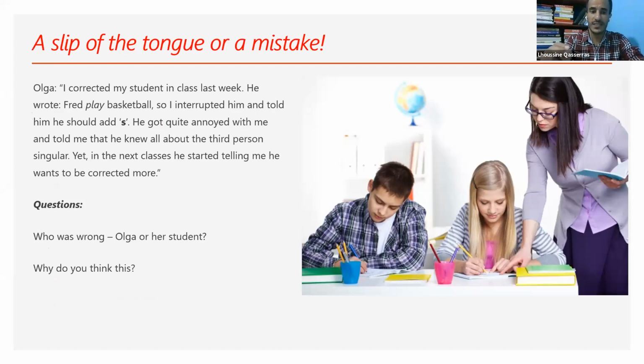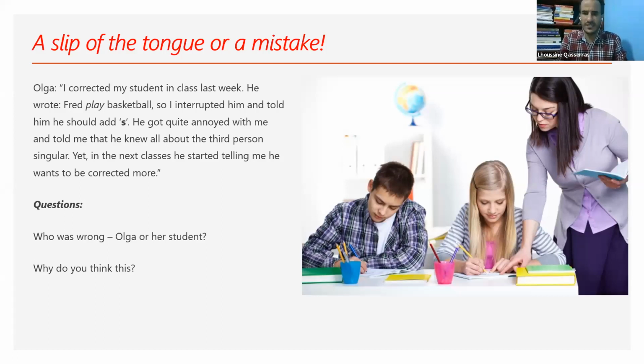The student got quite annoyed, didn't like it, with me and told me that he knew all about the third person singular. Yet, in the next classes, he started telling me he wants to be corrected more and more. So Olga's situation with her students, who was wrong, Olga or the student?